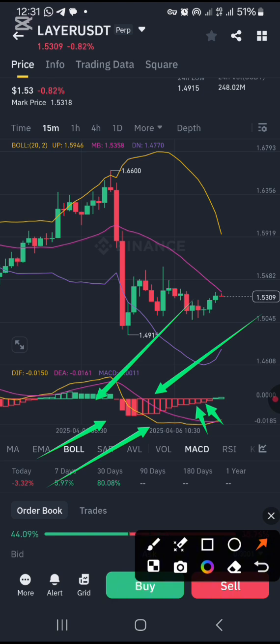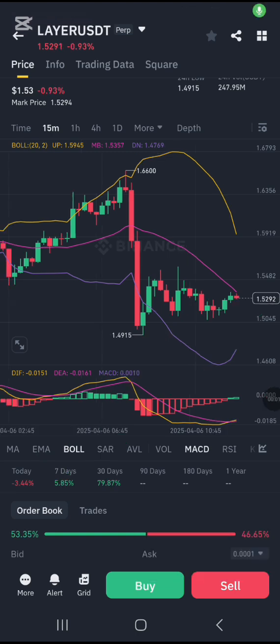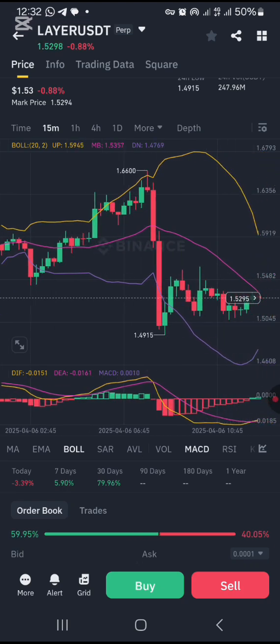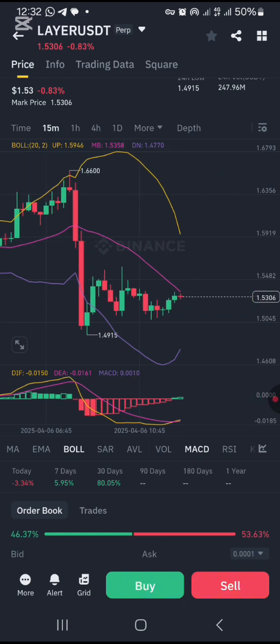Also, these histograms can represent the distance between the signal line and the MACD line. So when the MACD and the signal line bridge that gap between them, it means that a particular trend is losing momentum.